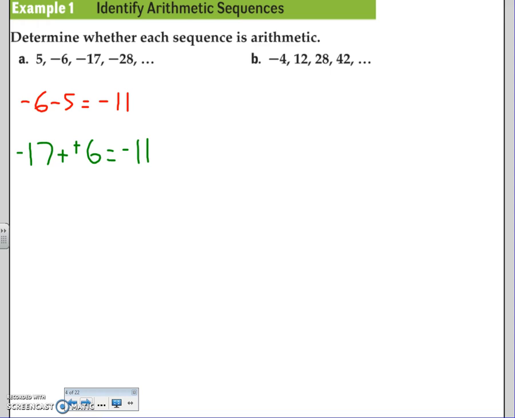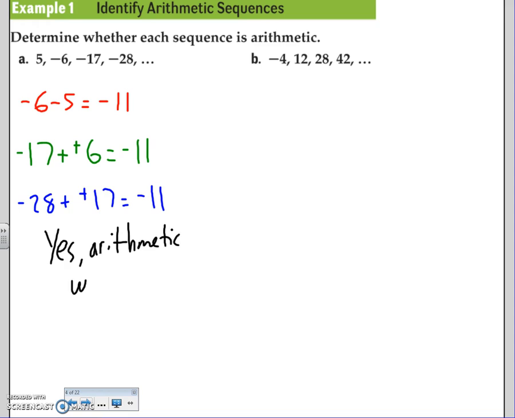I'll try another one. Negative 28 minus negative 17, again adding. It's negative 11. So yes, it's arithmetic with the common difference d equal to negative 11.